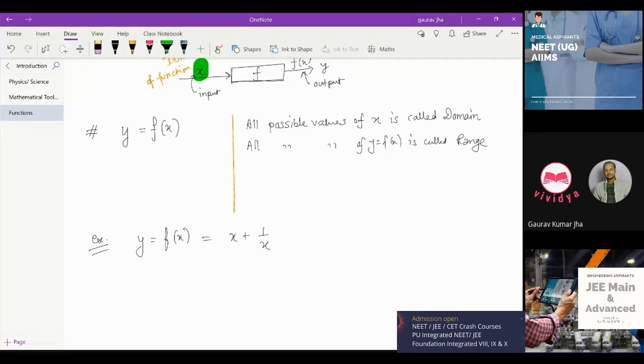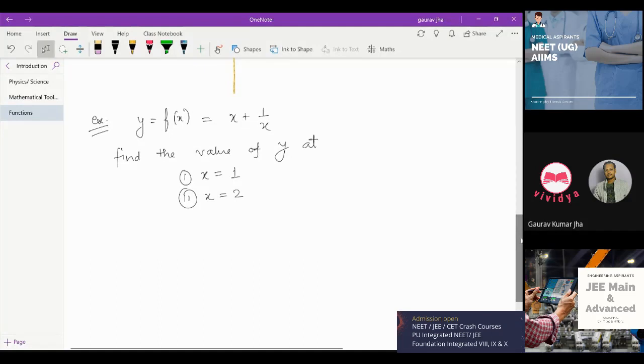If I ask you to find the value of y, question number 1, at x equal to 1. Second question, at x equal to 2. Go ahead, solve. Tell me if that makes sense, what is being asked.